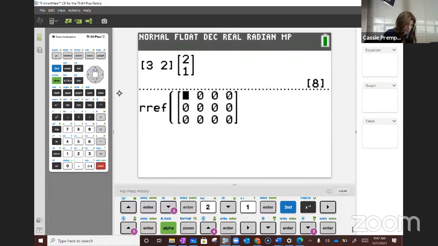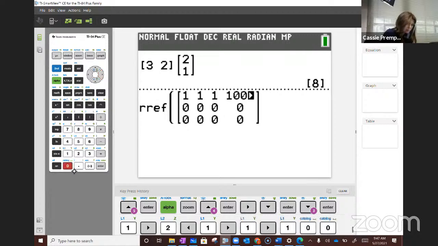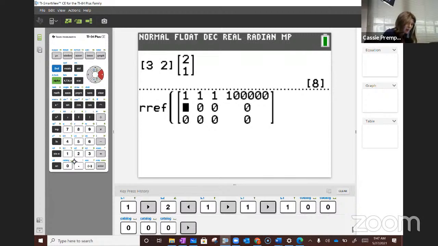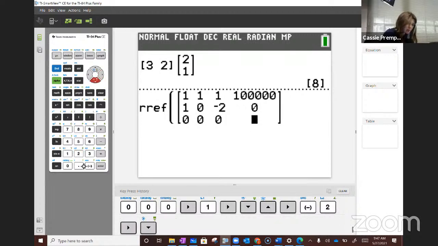And I'm going to do 1, 1, 1, 100,000. And then 1x, 0y, negative 2z for the next row. And the last one was 0.03.